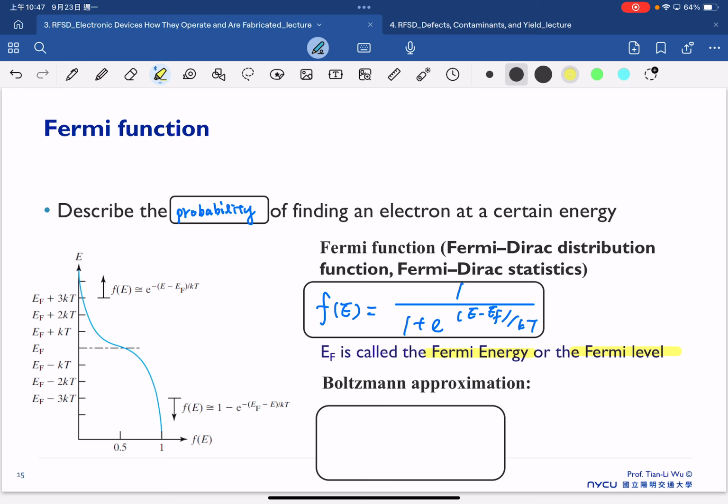And we can apply the Boltzmann approximation. Therefore, this equation can be simplified as shown here: exponential of minus (E minus EF) over kT.